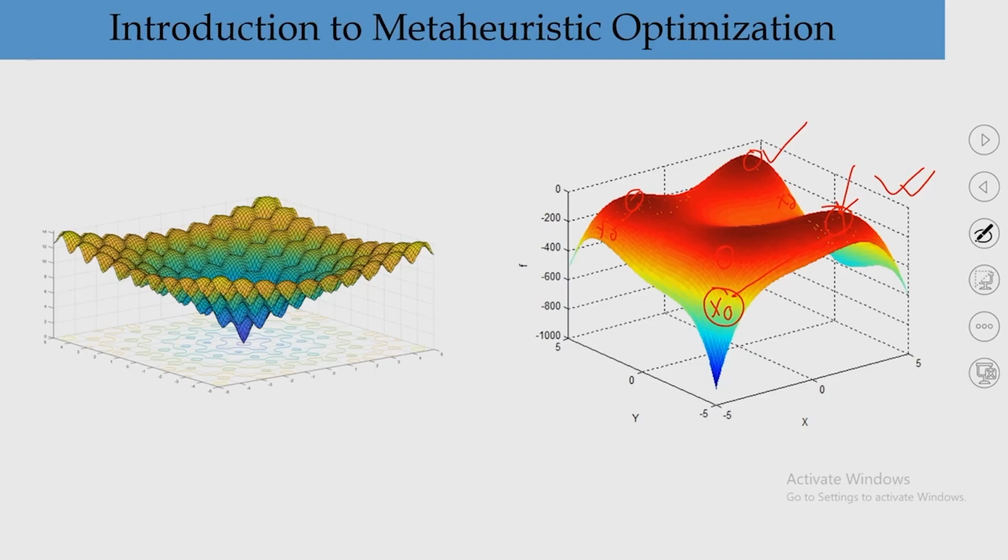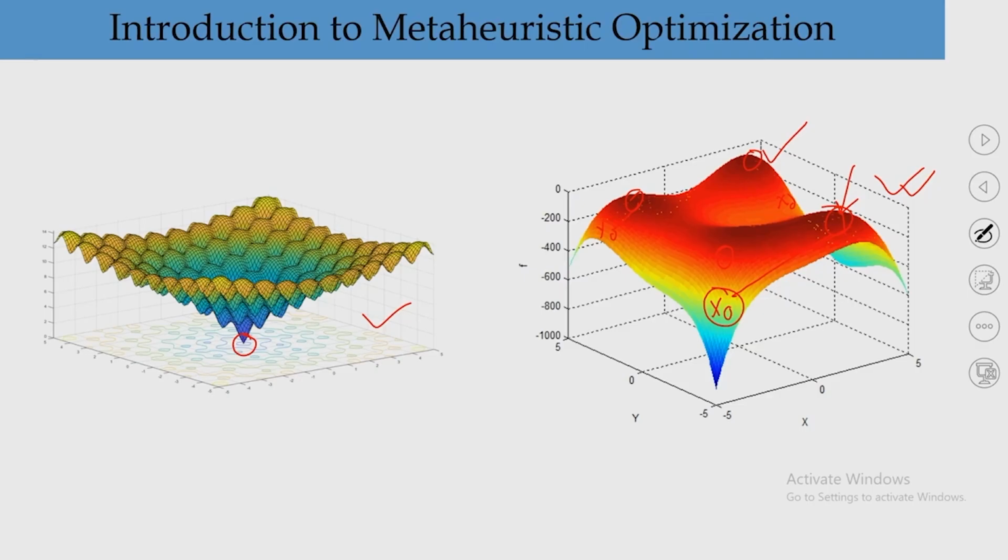Now, you look at this particular function. There are a lot of local optimal solutions and one of them is the global optimal solution. You have only one global optimal solution, somewhere here, and the others are local optimal solutions. If you apply the classical optimization methods here, you will get one of the local optimal solutions.